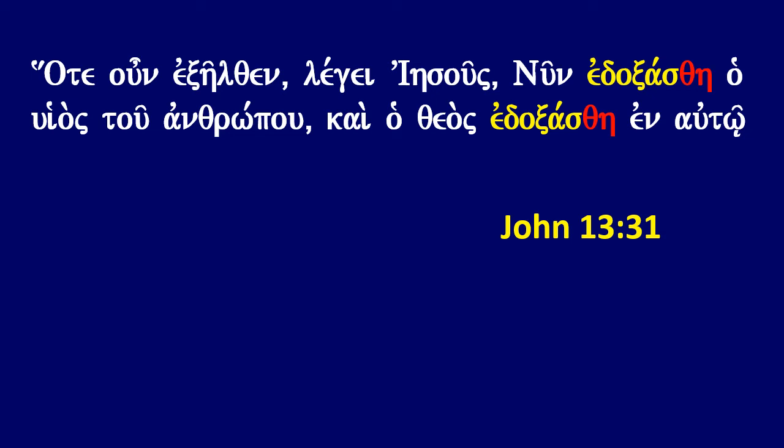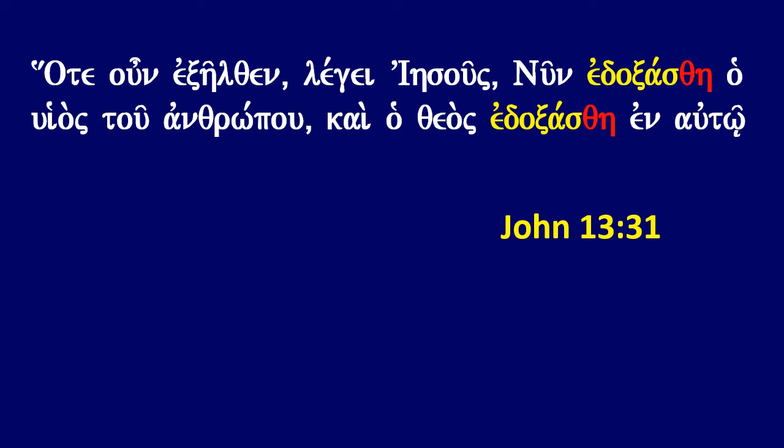So in order to translate this verse, we would translate hote oun exelthen, legei Iesous, meaning therefore when he had gone out, Jesus said, and what does Jesus say? Nun edoxasthe ho huios tou anthropou, now the Son of Man is glorified.